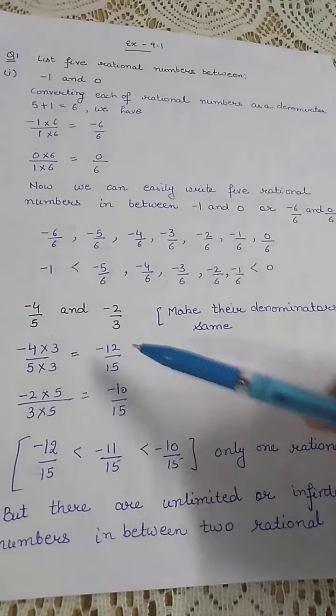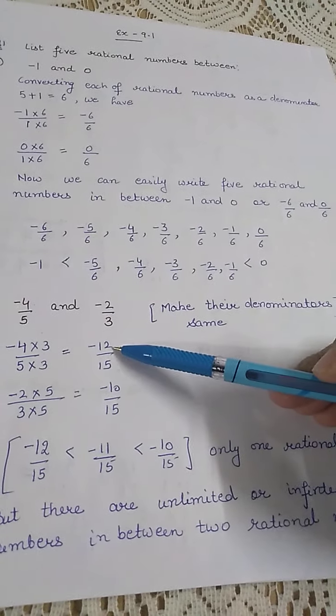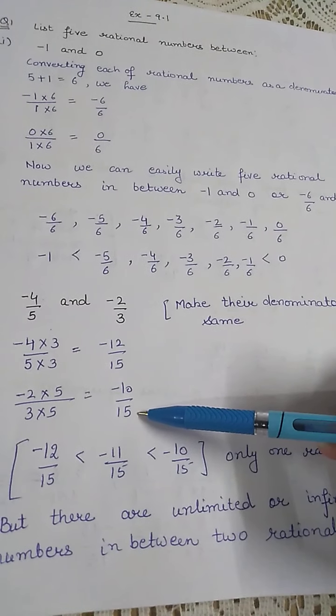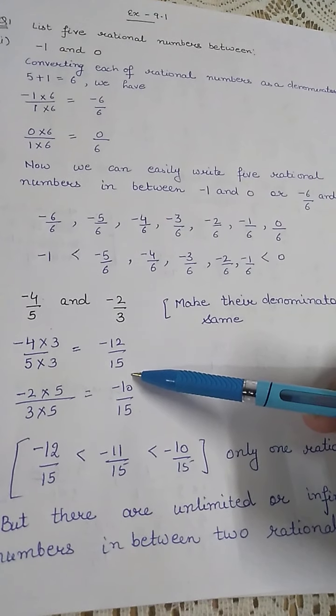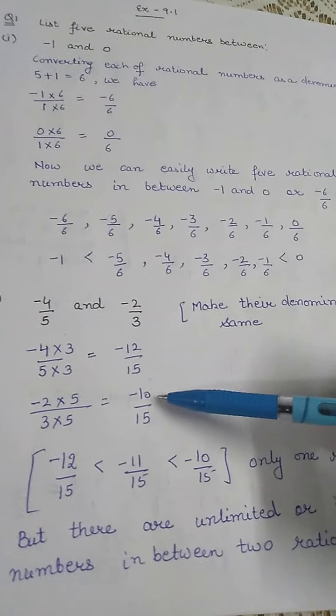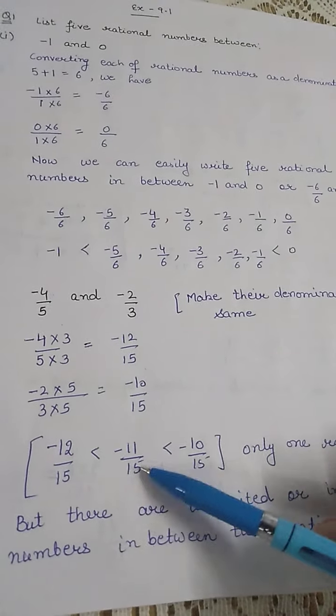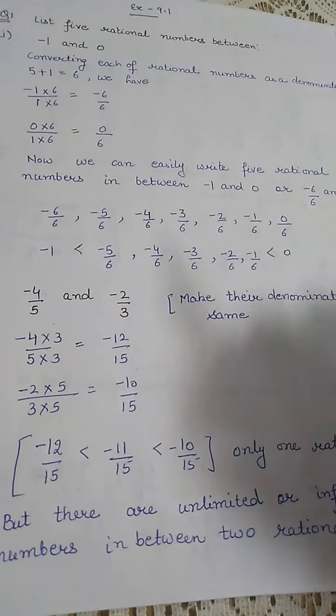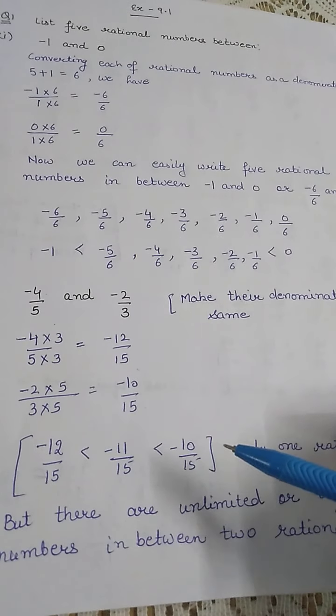So now you have got two rational numbers, -12 by 15 and -10 by 15. But you have only one rational number in between them. What is that? Can you tell me? Yes, it is -11 by 15. But I want 5 rational numbers. Now we will apply the same method.